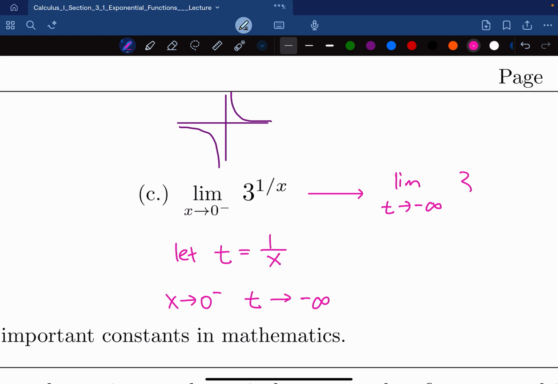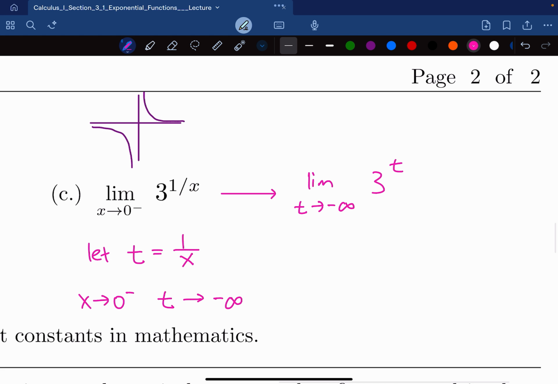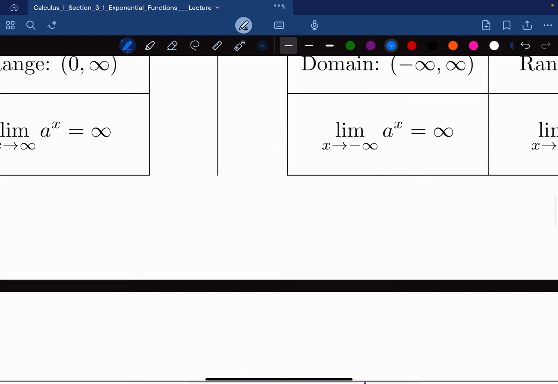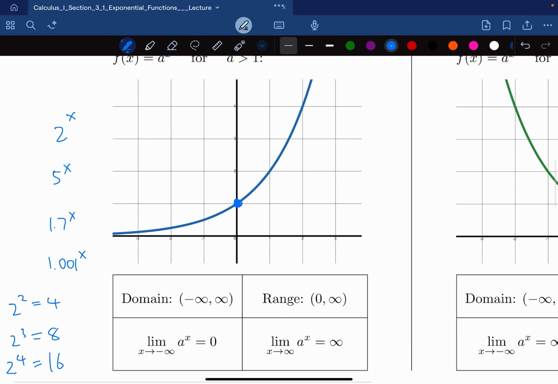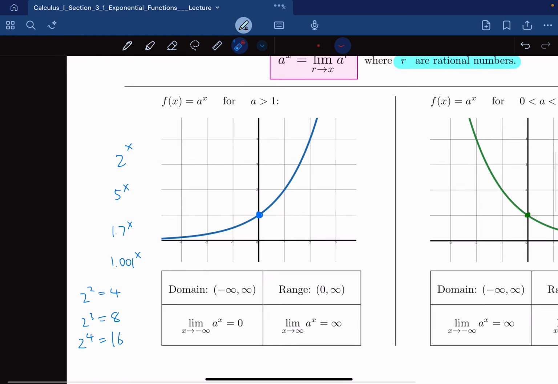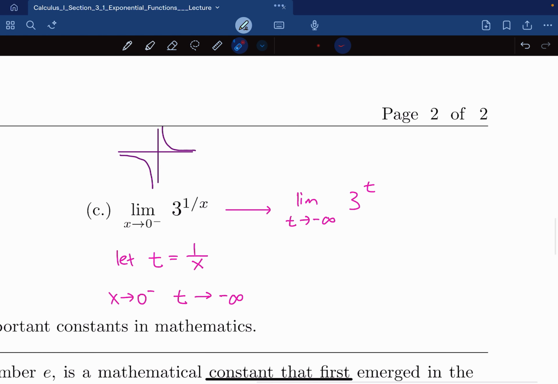And then 3 to the 1/x just becomes 3 to the power of t. 3 is clearly bigger than 1, so this falls under this case right here. So as x, or in this case t, goes to negative infinity, our limit is equal to 0. So this limit is equal to 0.